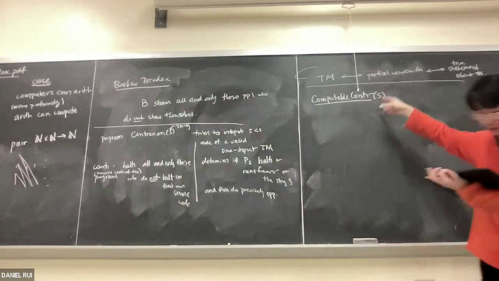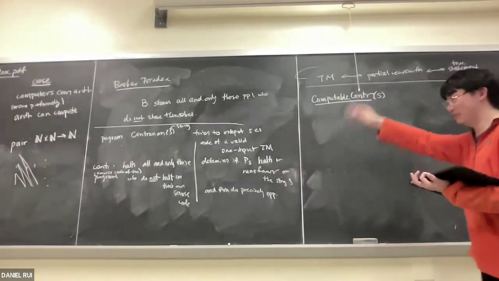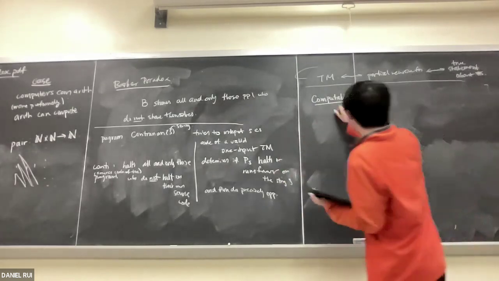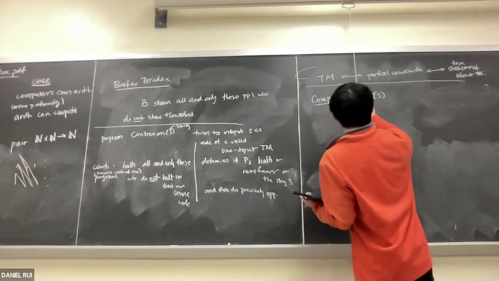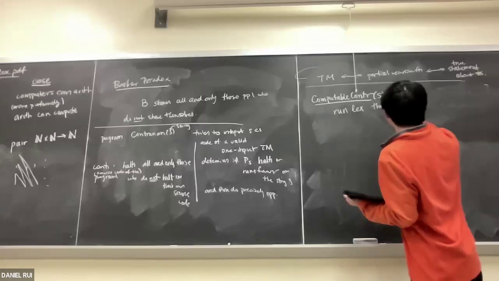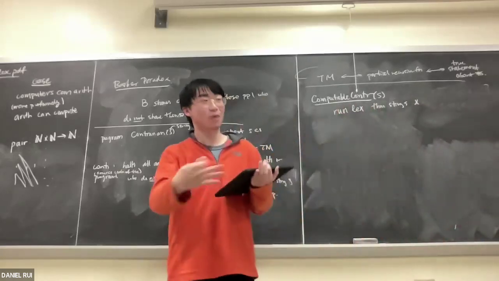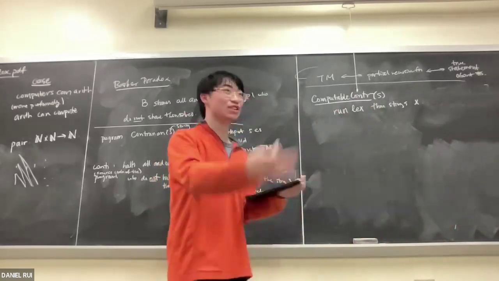It's going to take an S, which is the source code of the one input program. I'm going to do all this checking to make sure that it's valid. And I'm going to run lexicographically through strings X. So the first string is 0, the next string is 1, then 10, and so on.